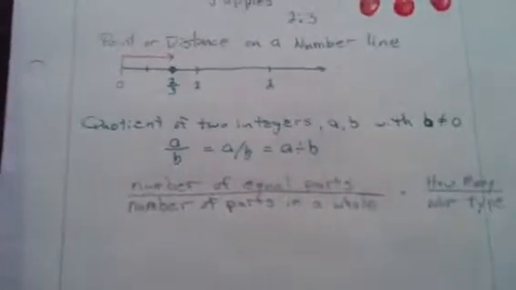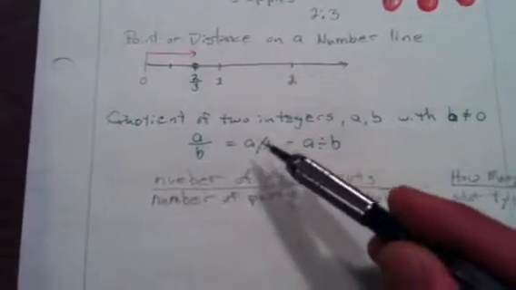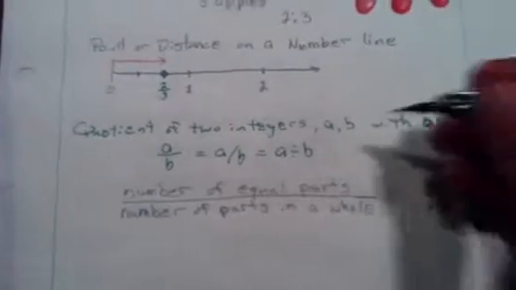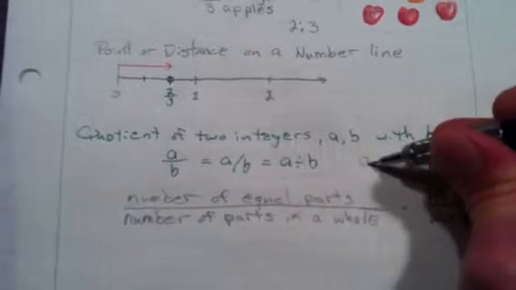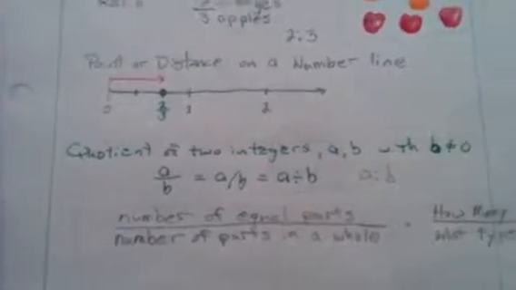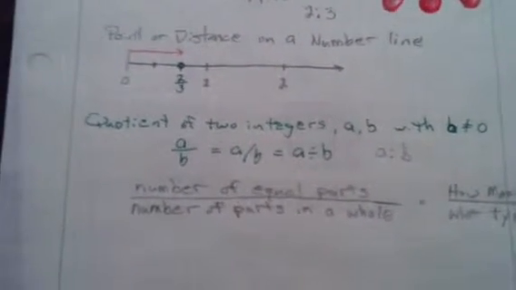Mathematically, it's the quotient of 2 integers a, b, with b not equal to 0, written with what we call the fraction bar, which this slash for division is often used, or that division symbol right there. And there's the 4th way if you consider the ratio colon. There are other symbols, but we don't usually use them when we're talking about fractions, but we'll talk about that later.